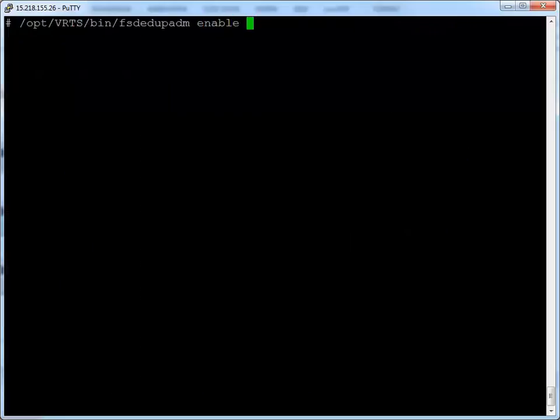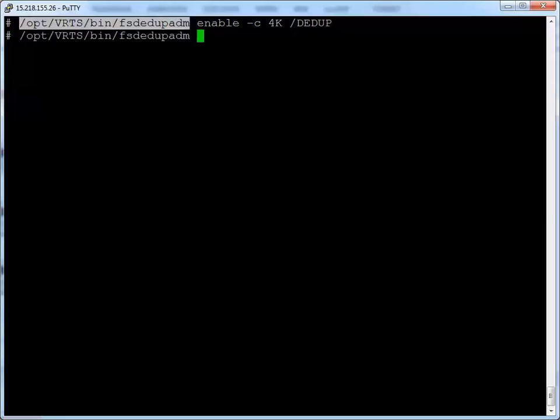Please note, we are just enabling data deduplication and not starting the process. Once we enable, we can start data deduplication on this particular mount point. Now you can have a look that data deduplication has started.